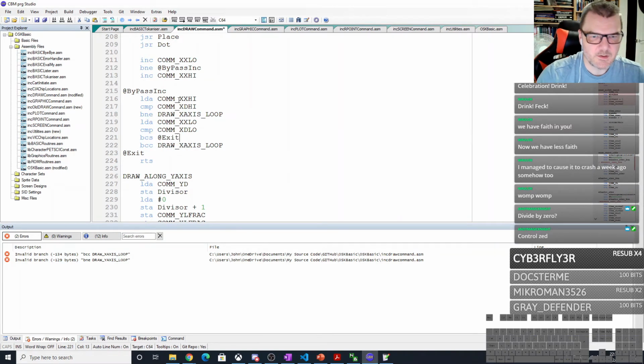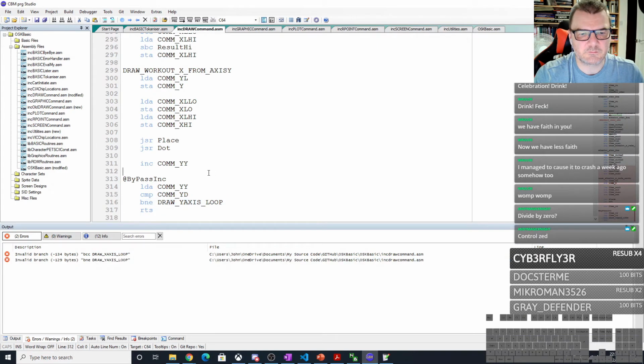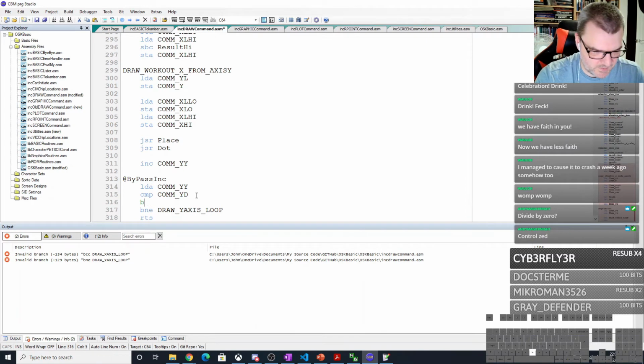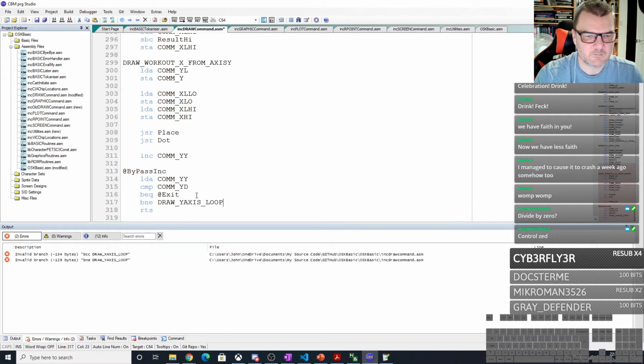Right. So it's definitely branch carry clear. So that's carry set. So jump. That sorts that out. So he's complaining about that one as well. So we will do branch if equal to exit. And that will be jump.